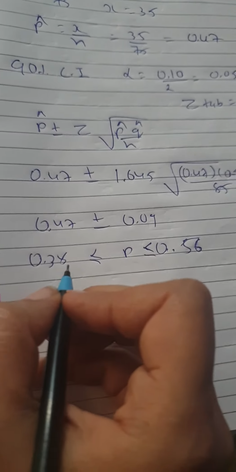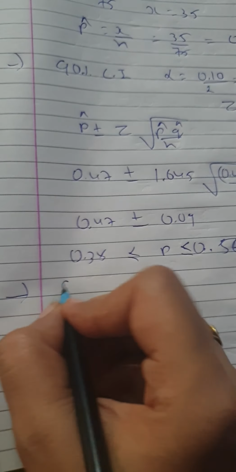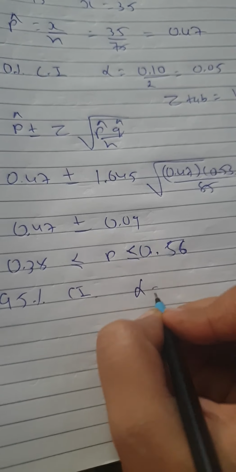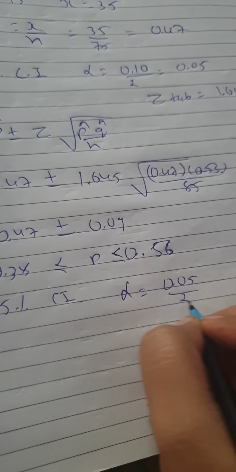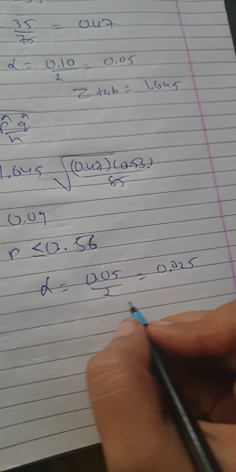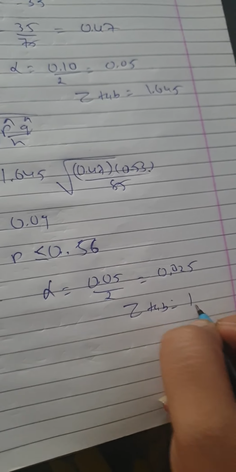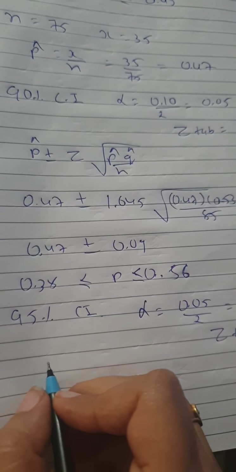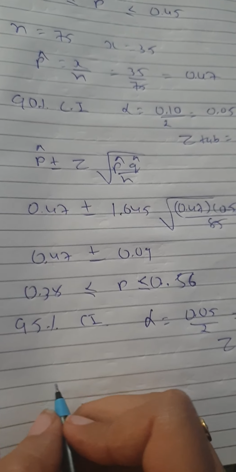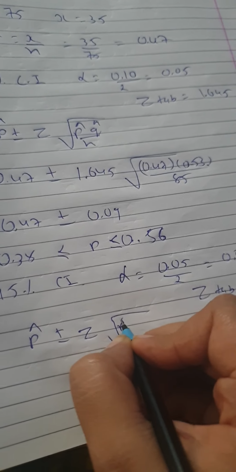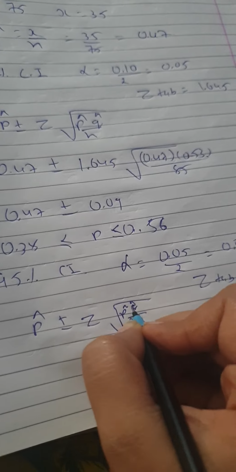In the second option, they have asked you for the 95% confidence interval. Rest of the things are the same. So your alpha will be 0.05 divided by 2, so 0.025, deducted from 0.5, so your z table value will be 1.96. Then P cap plus or minus z under root P cap Q cap upon n.